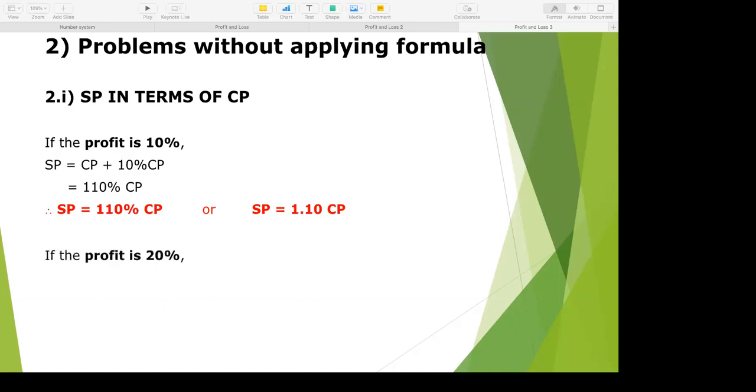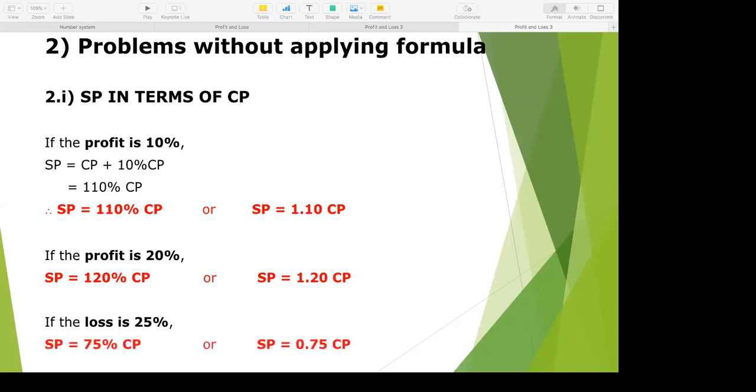Similarly, if the profit is 20%, the selling price will be 120% of the cost price, or in terms of ratio, 1.2 times the cost price. And if instead of profit you have a loss percentage, then the value will be less than 100, because now it is going to be 75% of the cost price.